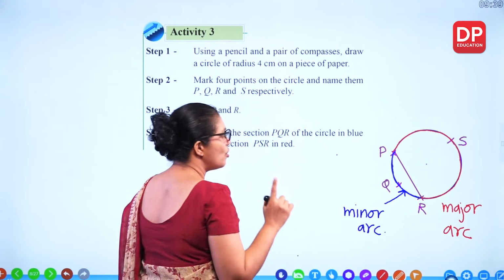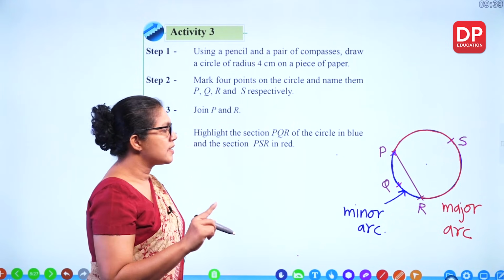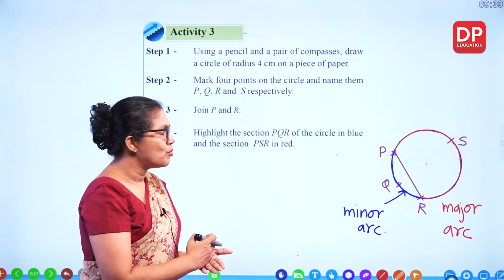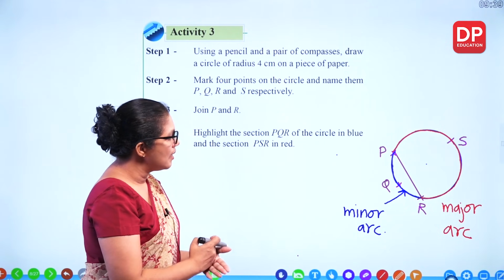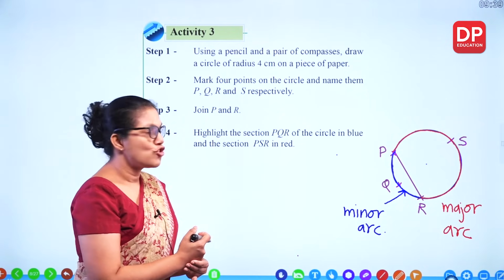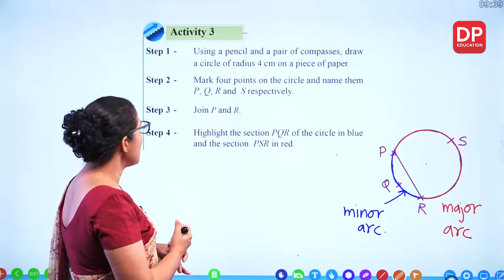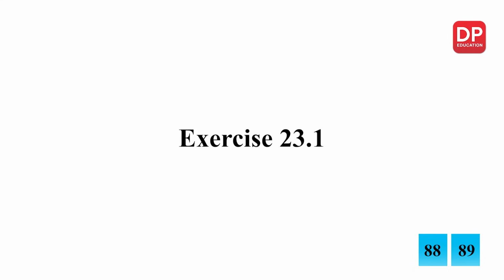Now you know what arcs are. You get 2 arcs when you connect 2 points on a circle, the minor arc and the major arc. Smaller one, minor arc. Now we'll look at the exercises in your textbook.